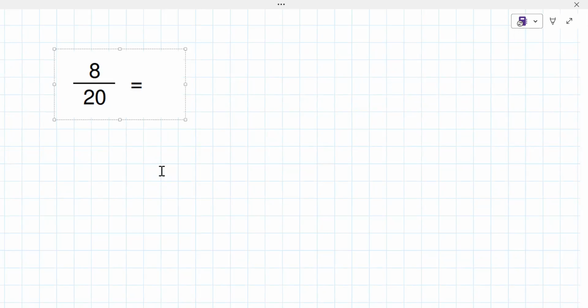Okay, what is your answer? I got 4/10. Okay, but can you keep going? Can you reduce that? Yes. Okay, so keep going. This is not your final answer. This is an intermediate answer. 2/5. 2/5, good.